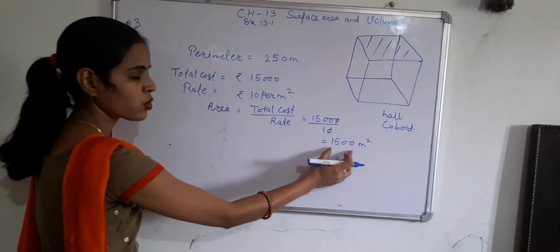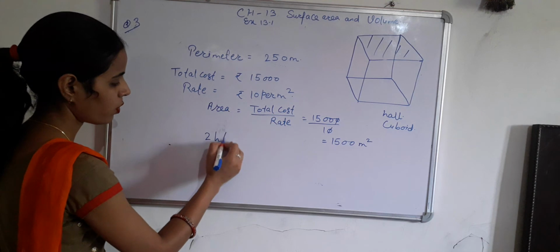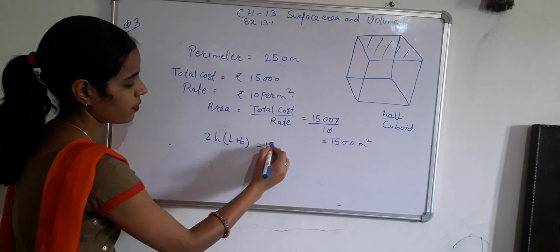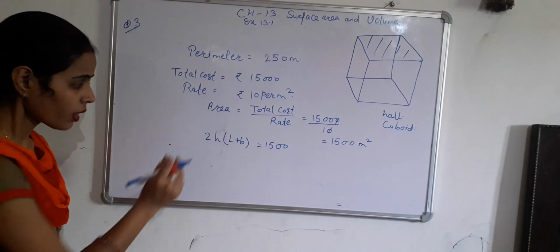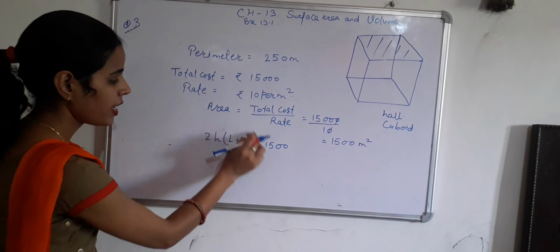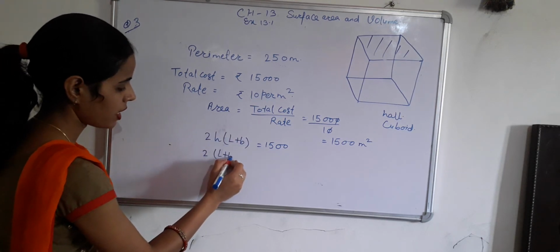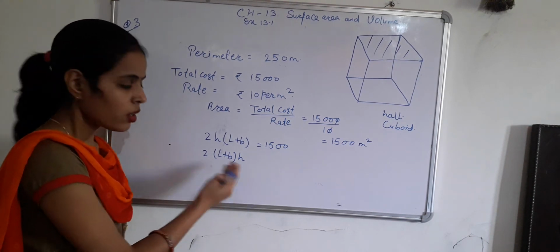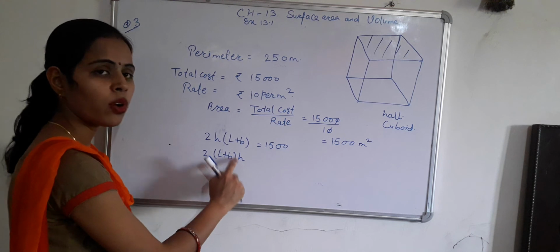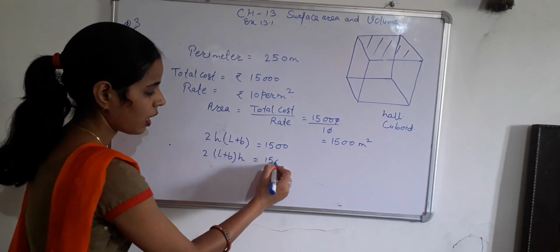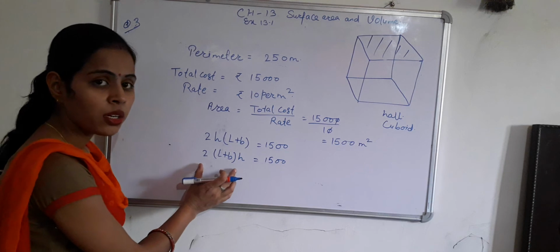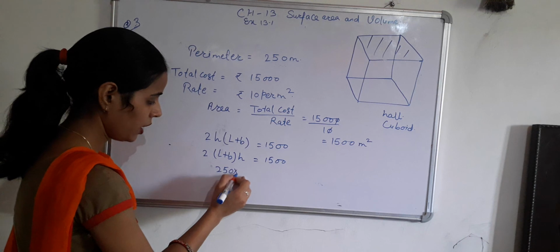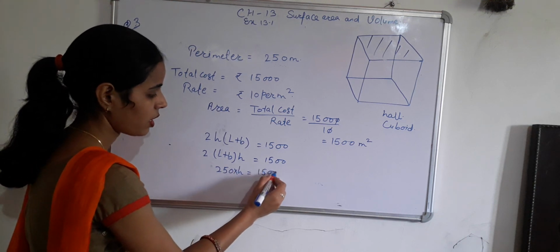Area of 4 walls equals to 1500 and we know that area of 4 walls is 2H into L plus B. This will be equals to 1500. 2H, write H here, 2 into L plus B into H. Order of integers can change in multiply. So you can write 2 into L plus B into H equals to 1500. Value of this perimeter 2 into L plus B is 250, into H equals to 1500.